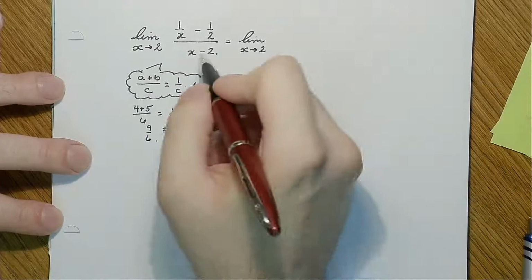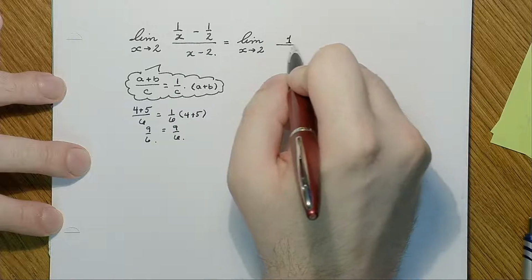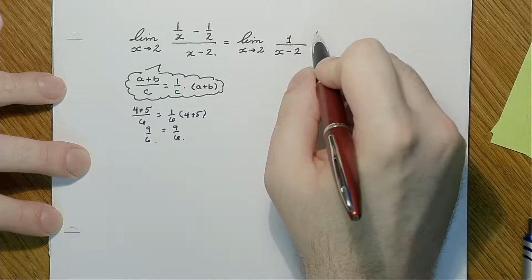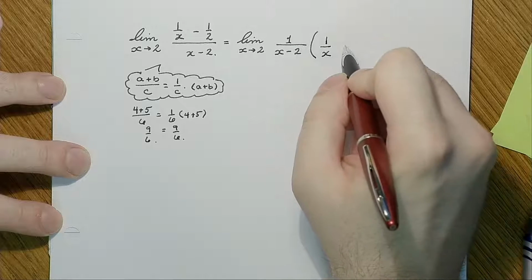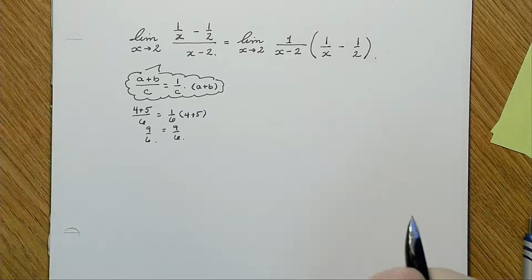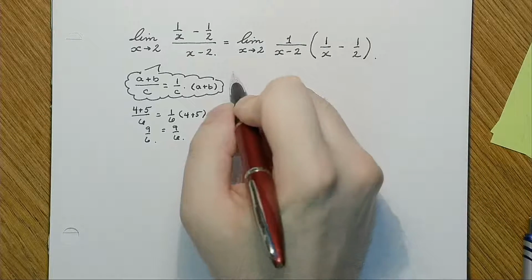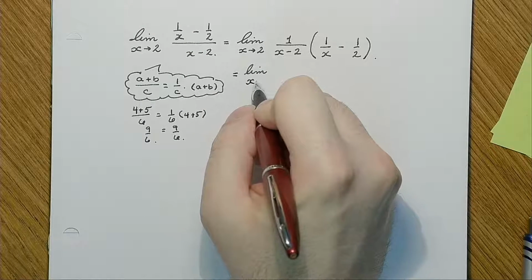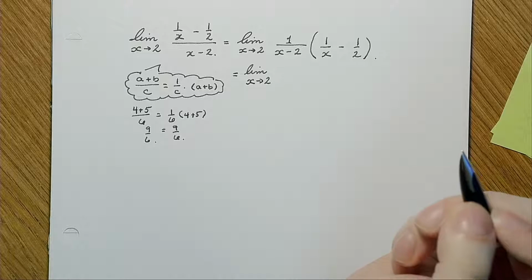So that's what I'm going to do here. I am going to just write my denominator here. So I have 1 over x minus 2 times 1 over x minus 1/2, okay. And everyone's like, what are you doing?